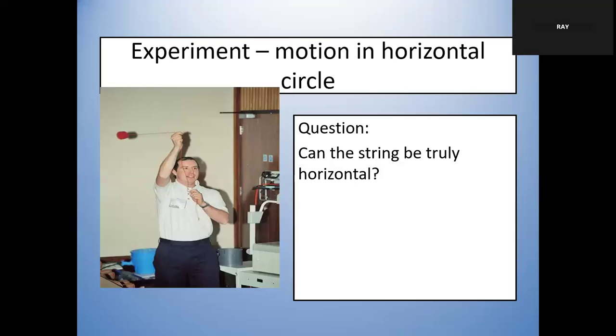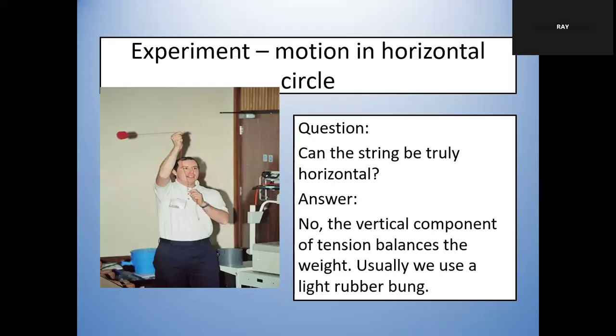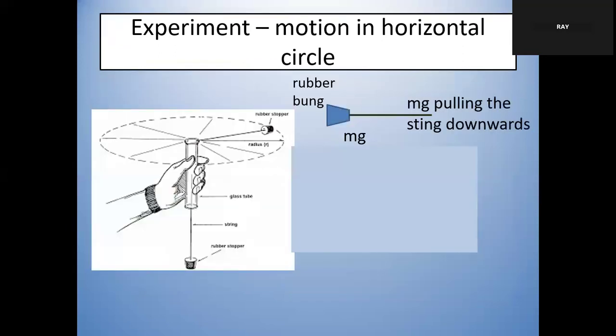The string must slant so that the tension provides a component to balance the weight, besides another component to provide the centripetal force. Right? The vertical component of tension balances the weight. Usually we use a light rubber band, right?